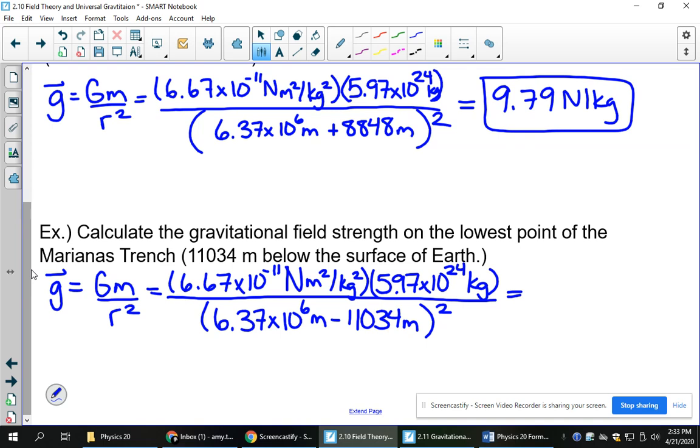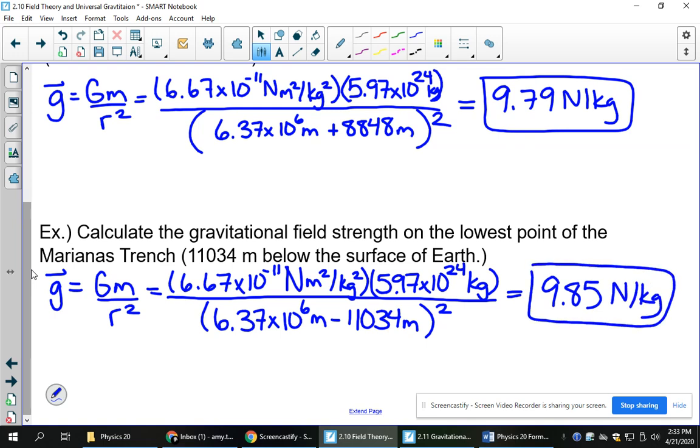So you should get a number that makes sense to you. We just said that the gravitational field strength, the closer you are to the center of the mass, should be stronger. So we're thinking it should be stronger than 9.81, which the numbers end up being 9.85 newtons per kilogram, verifying what we thought to be true.